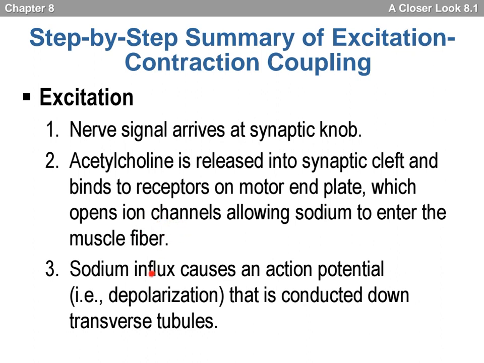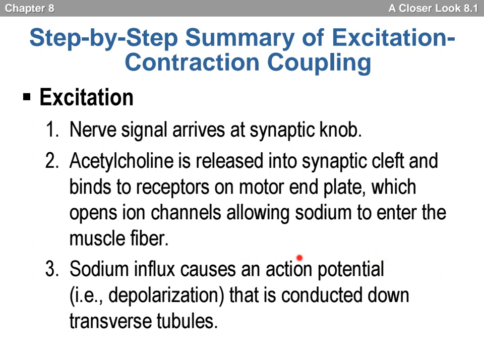That depolarization is strong enough that it will trigger an action potential, which is an even greater depolarization event. This is conducted or propagates from the site of the neuromuscular junction, which is typically sort of midway along the length of a muscle fiber.